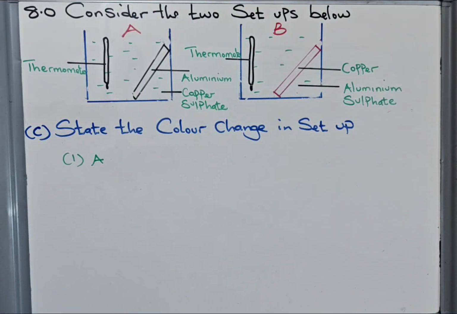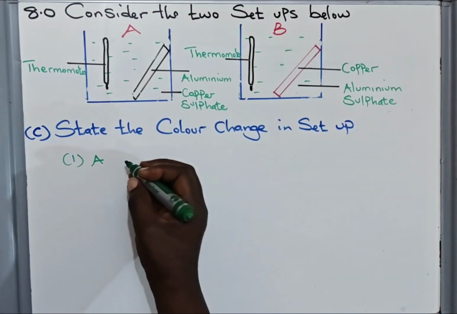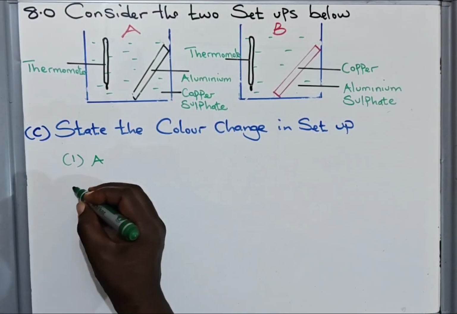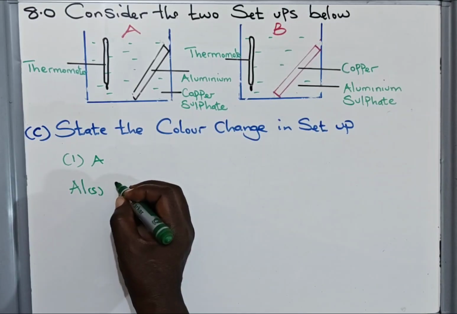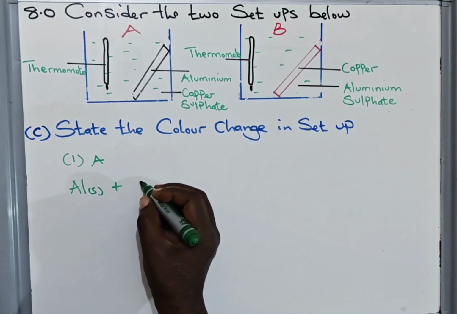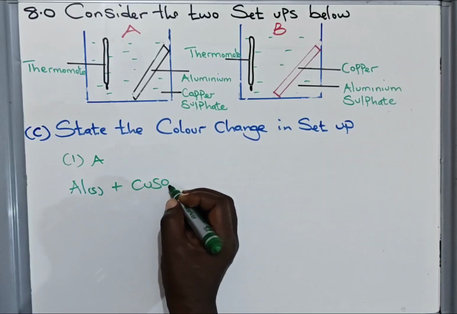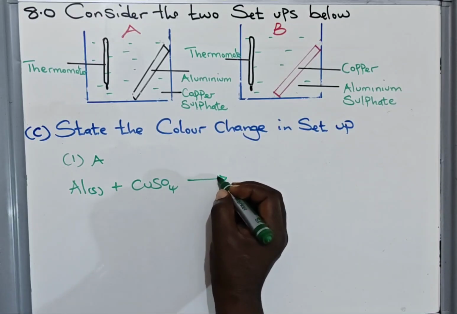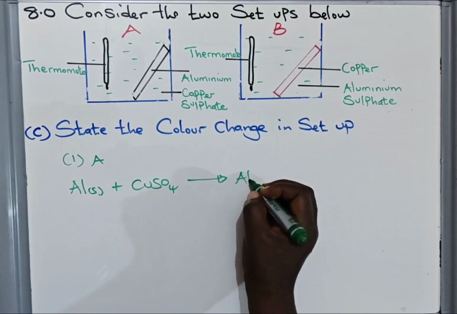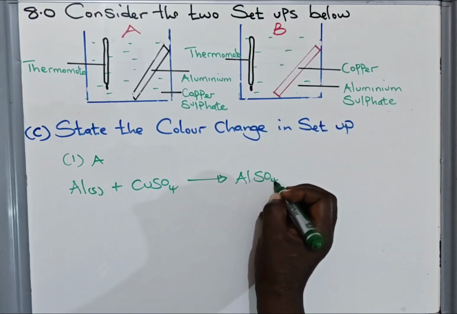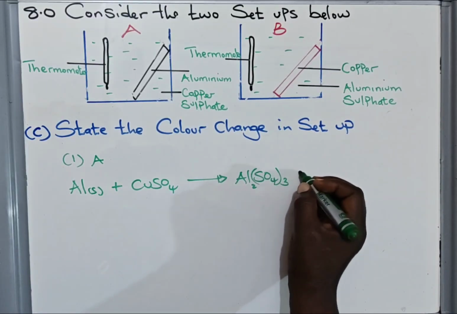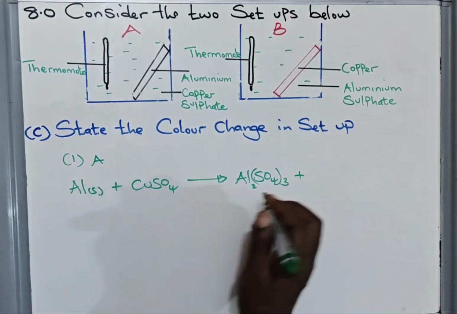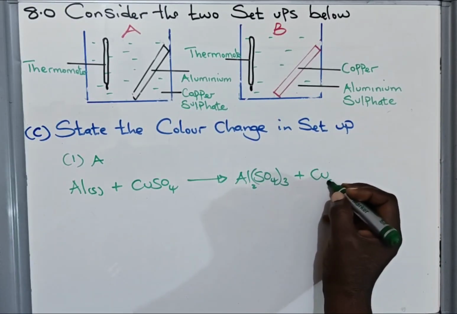Like we said before, you have aluminium solid reacting with copper sulfate, giving you aluminium sulfate plus copper solid.